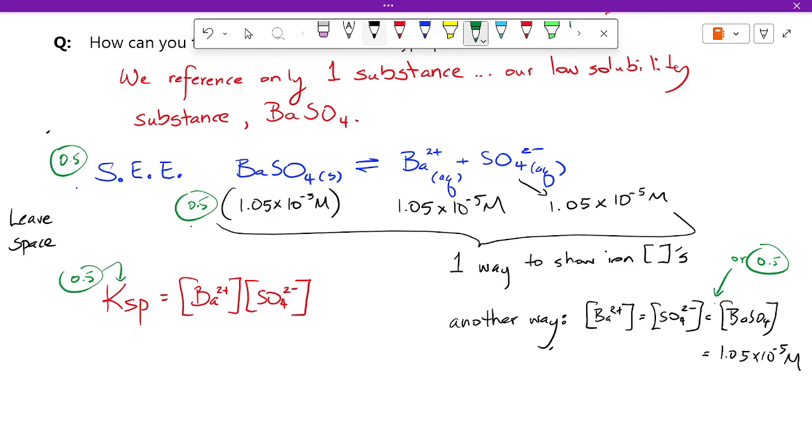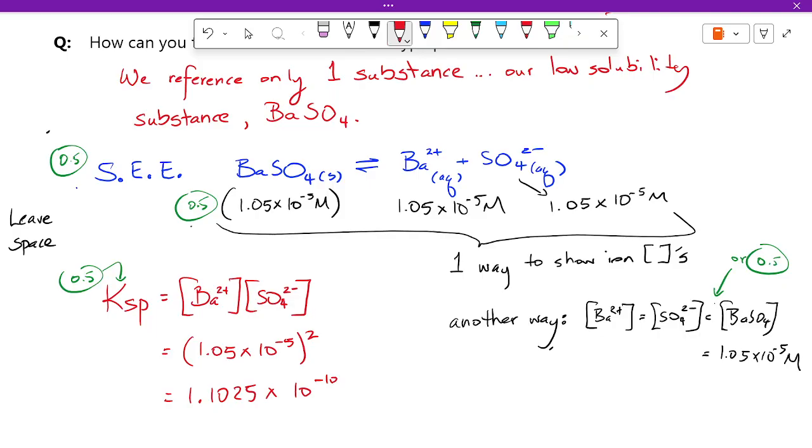And then all we have to do is stick in our numbers: 1.05 times 10 to the negative 5, and I'm lazy, so I'm just going to put squared, and that is equal to 1.05 e negative 5 squared, 1.1025 times 10 to the negative 10.